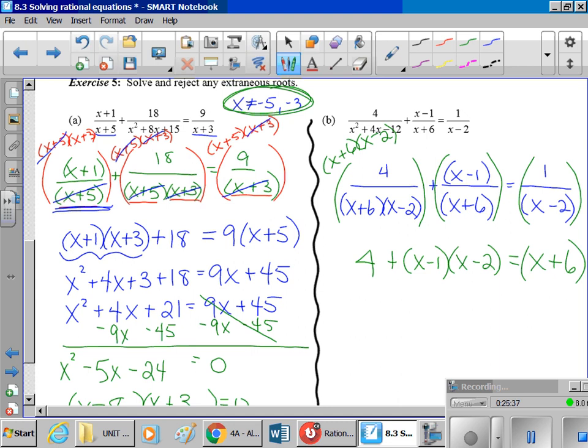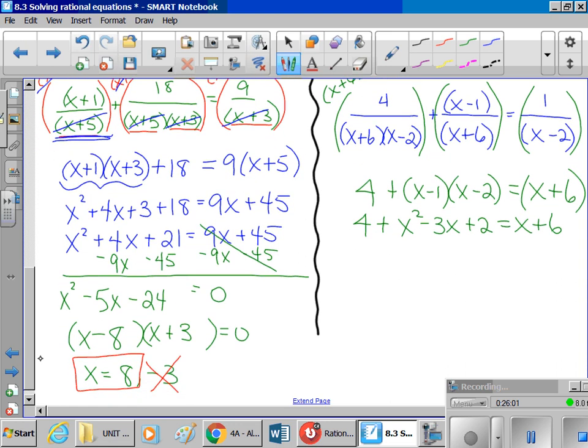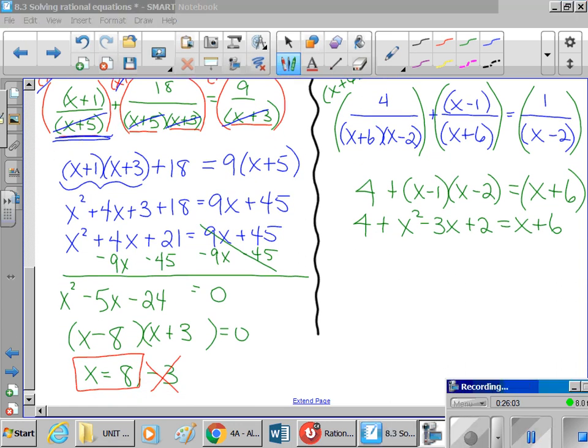Next step is to distribute and combine like terms. So we get 4 plus x squared minus 3x plus 2 is equal to x plus 6. Let's combine like terms.